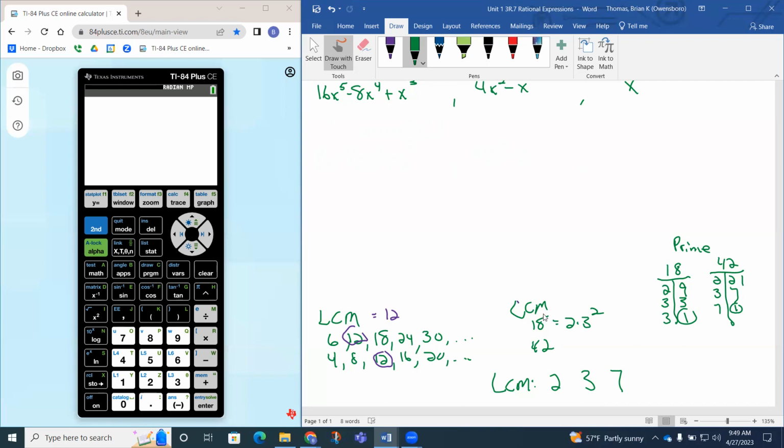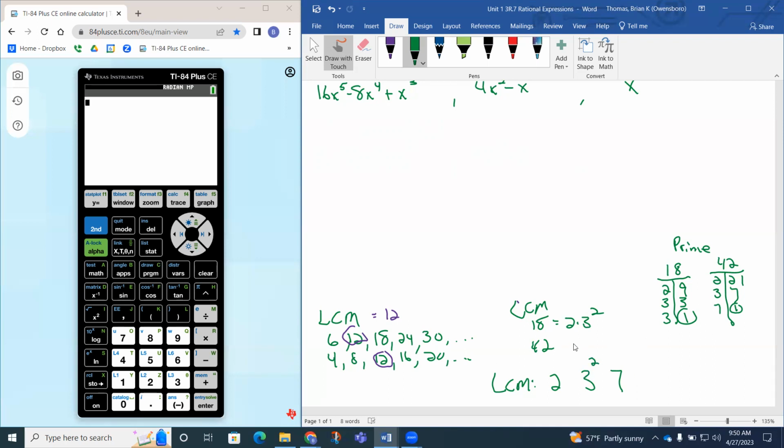Remember, the smallest multiple of 18 needs a 2 and two 3s. So I need the 2 and I need the two 3s. Notice that the 42 only needs one 3. So the most 3s I need really is just two 3s. So notice how I'm merely choosing the bigger exponent.